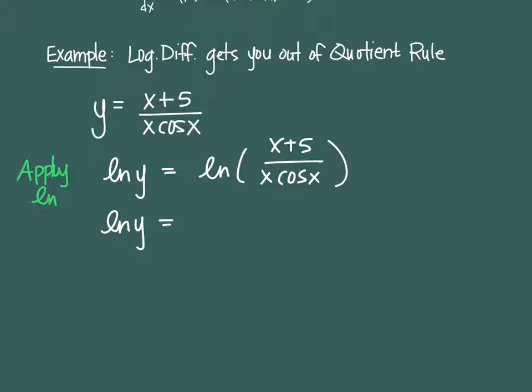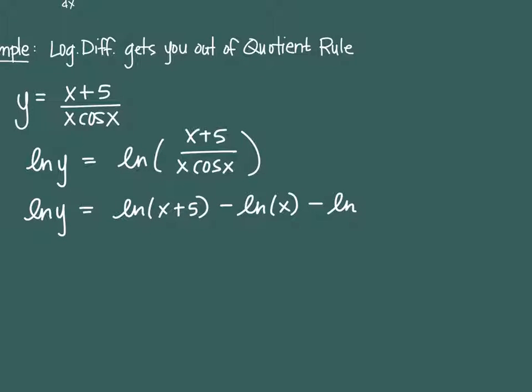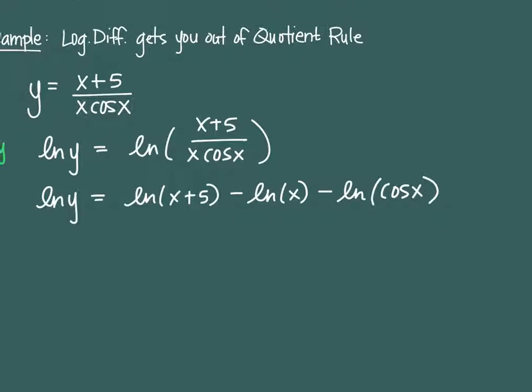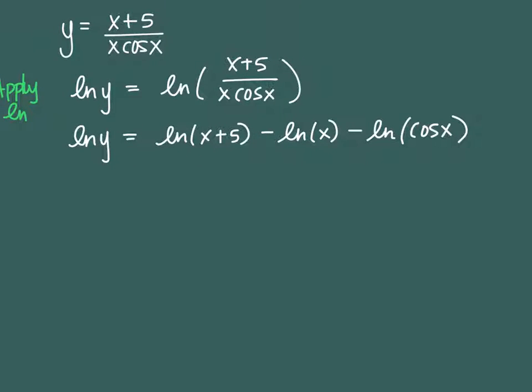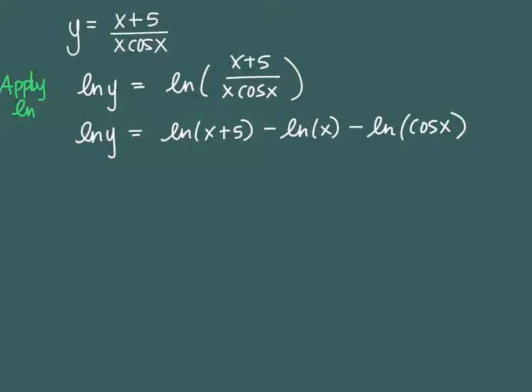And so this would become the logarithm of (x plus 5) minus the logarithm of x and minus again the logarithm of cos x. When both of those terms are in the denominator, they both would be subtracted because they're both part of the division. If they happen to have two things in the numerator, then you add them. So that's not so bad.